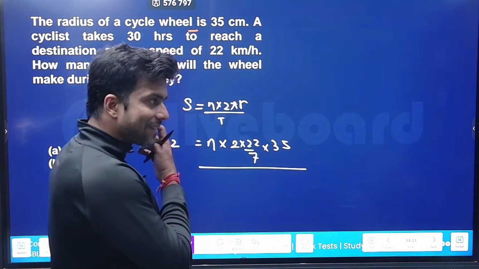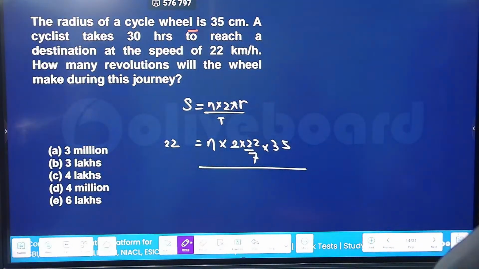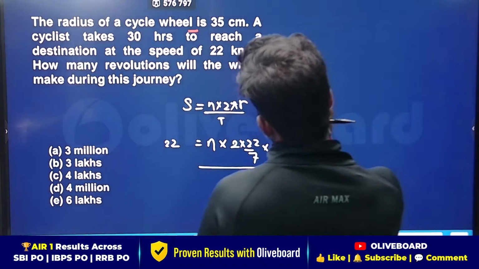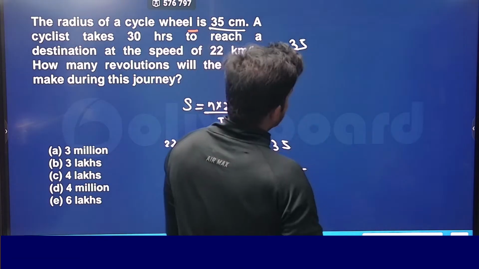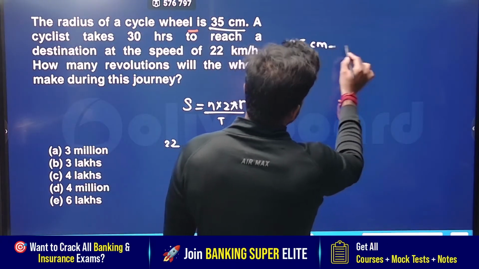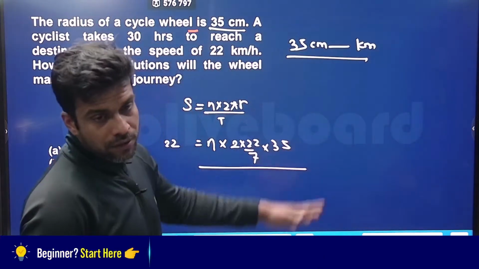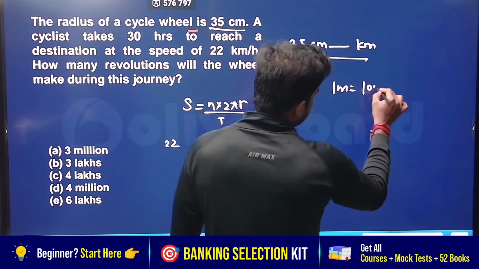So guys, first of all, you need to convert 35 centimeters into kilometers. Because see, basically the problem is there. How can you convert? This is very important. Try to understand what I'm saying. Can I say 1 meter is equal to 100 centimeter?